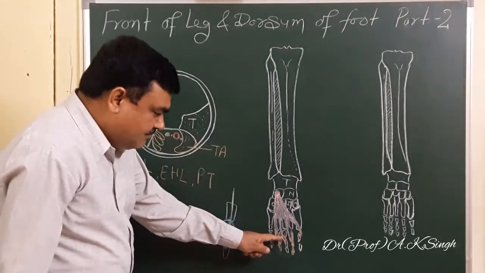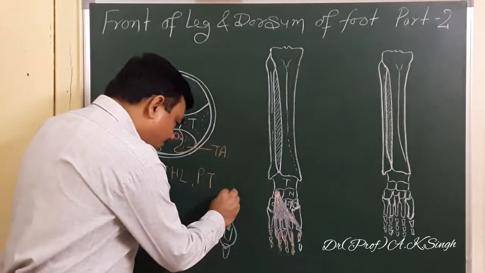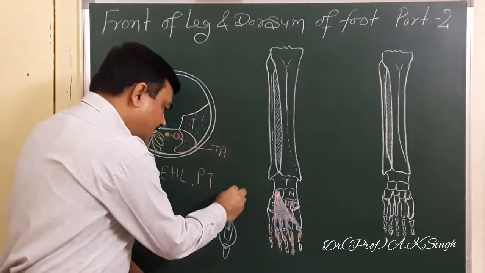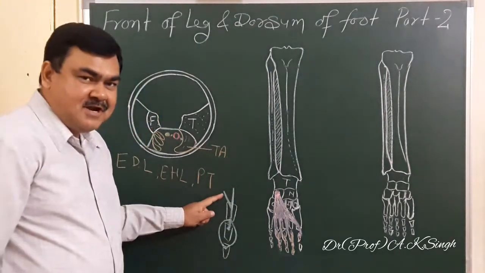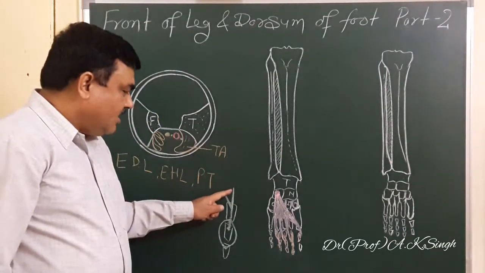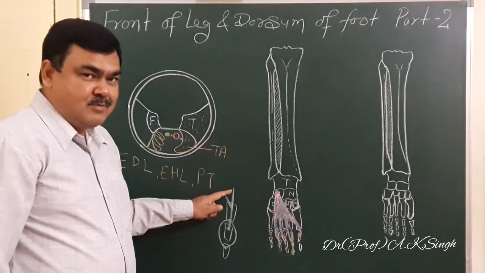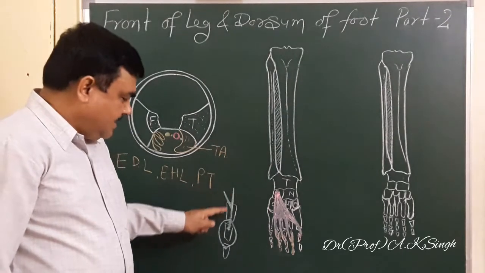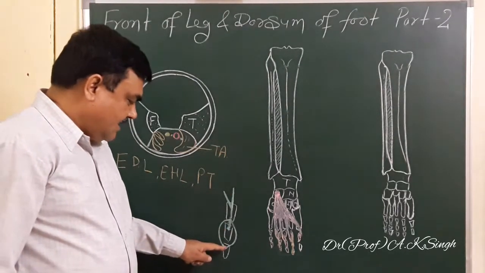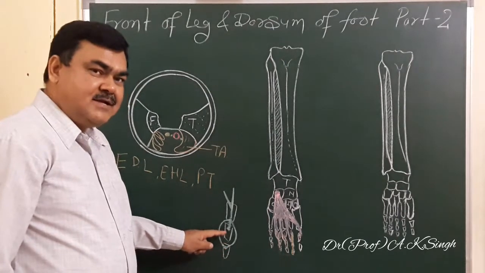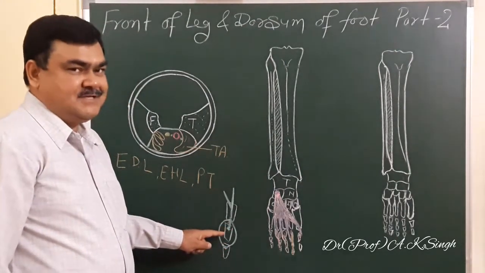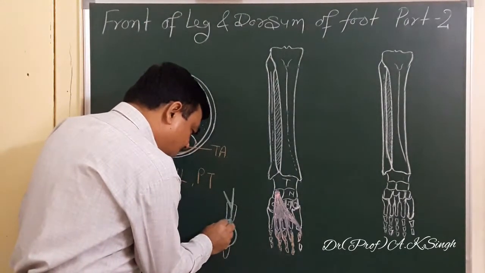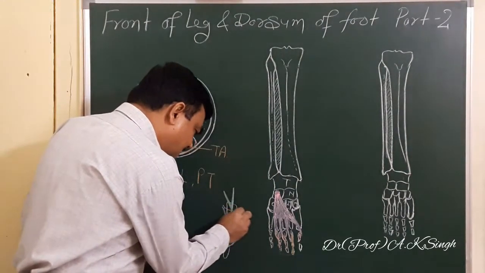The tendon of extensor digitorum brevis is inserted on the tendon of extensor digitorum longus, and the tendon of extensor digitorum longus is inserted on the middle phalanx and distal phalanx on its dorsal aspect toward the base. These strips also form the dorsal digital expansion like this.